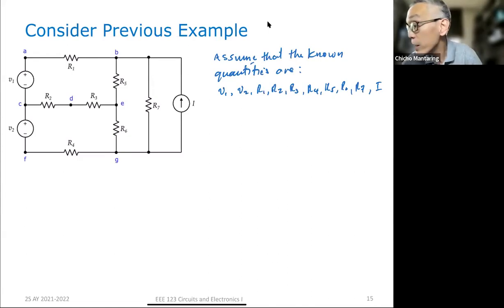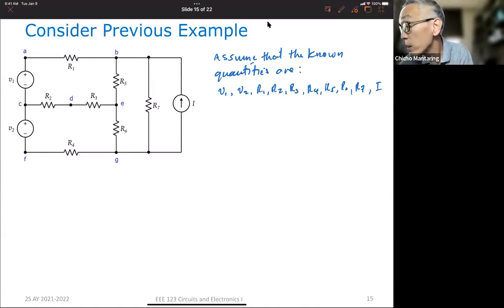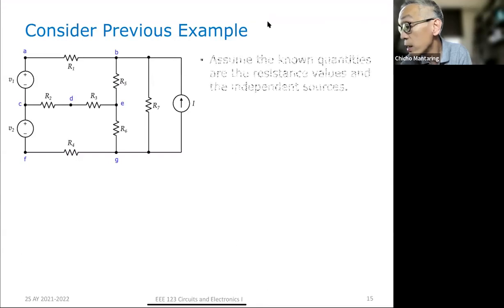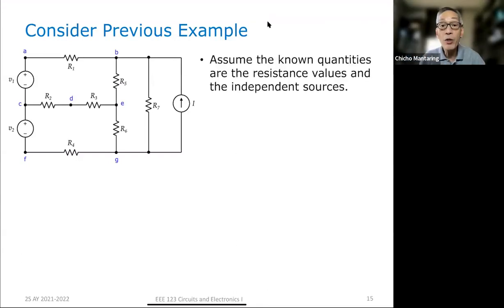So those are my known quantities. So assume the known quantities are the resistance values and the independent sources.